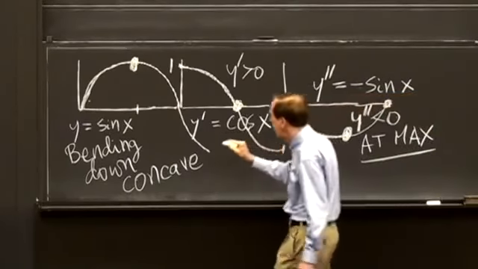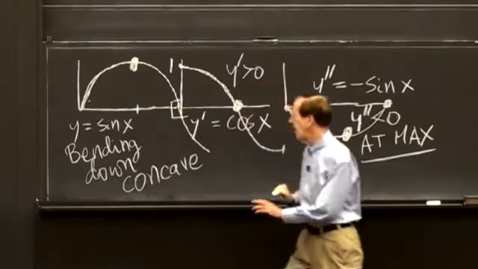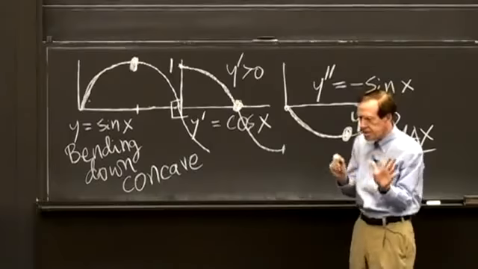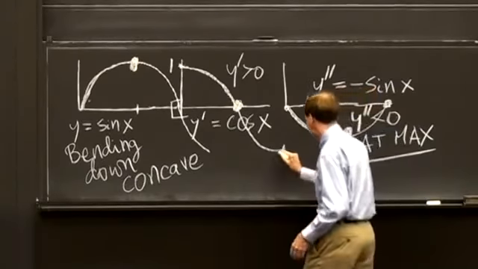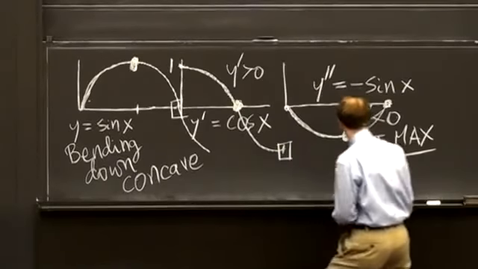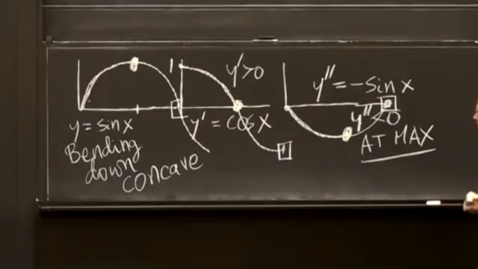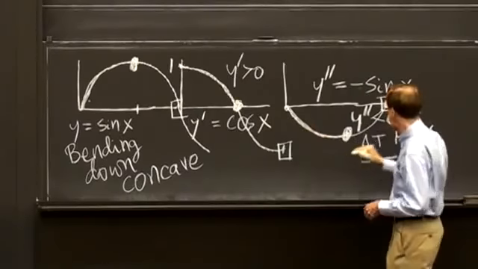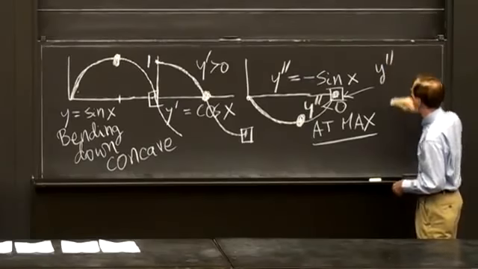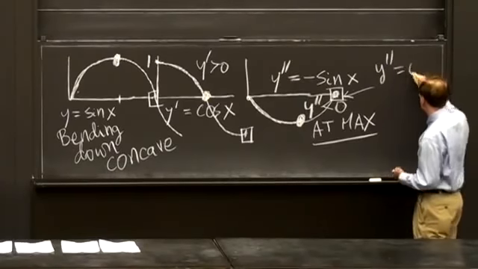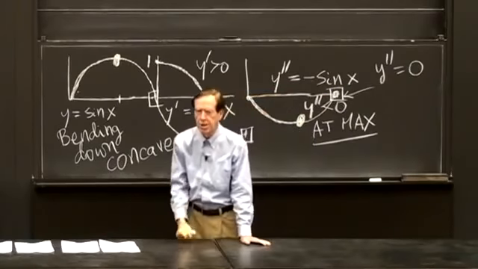Can I identify that point? So there's 180 degrees. I don't quite know how to say what yet, but something's happening there. It's got to show up here, and it has to show up here. So whatever is happening is showing up by a point where y double prime, the second derivative, is 0.